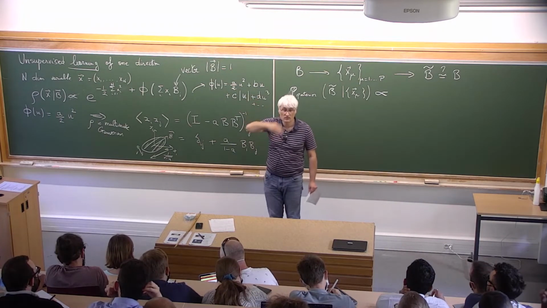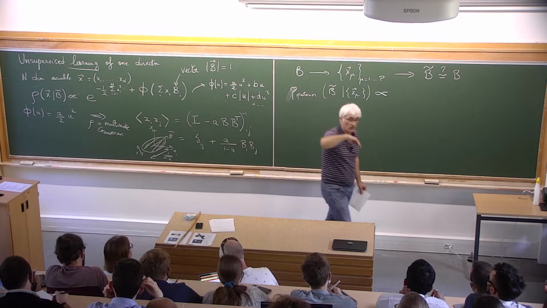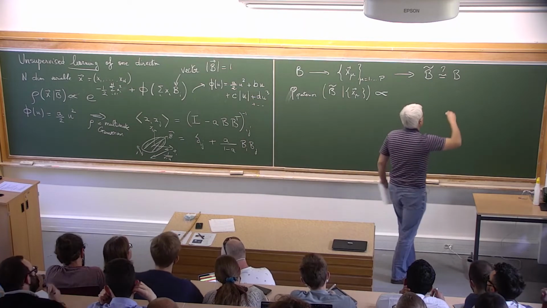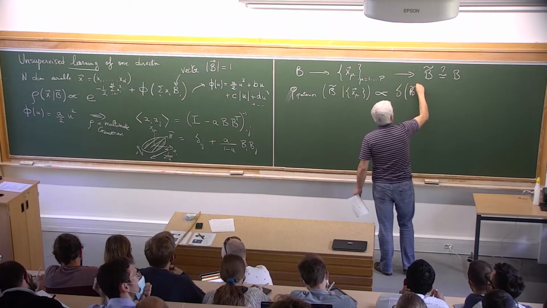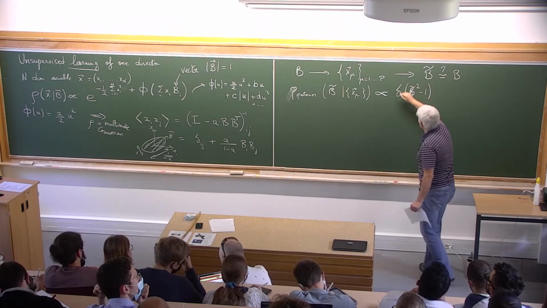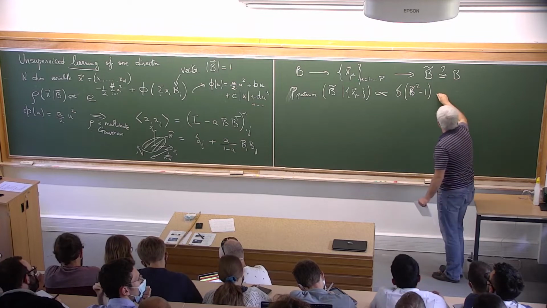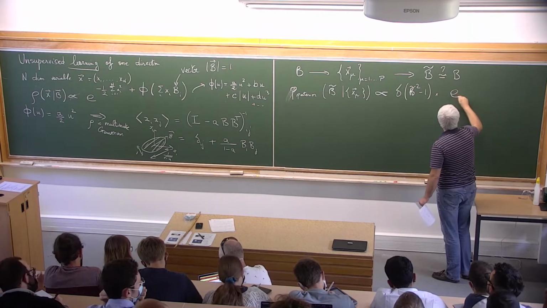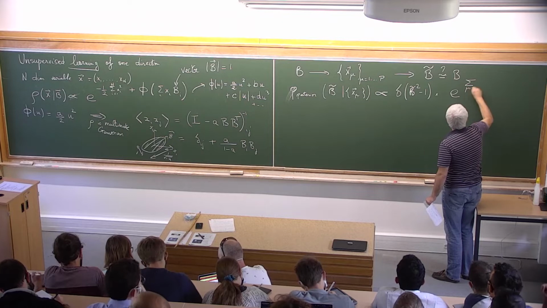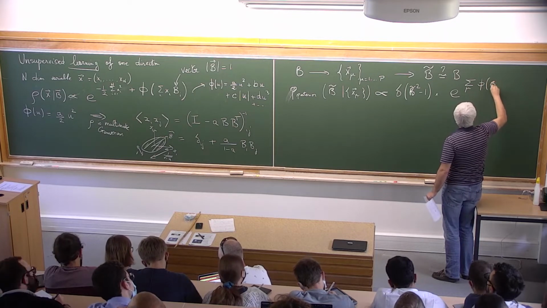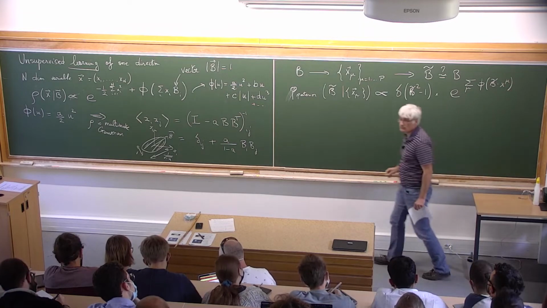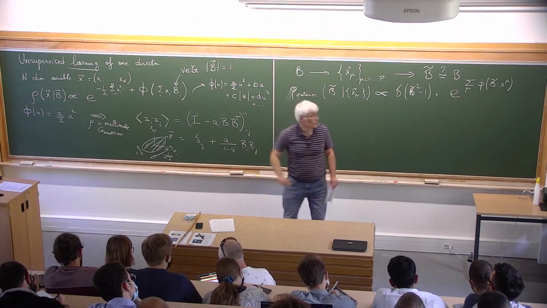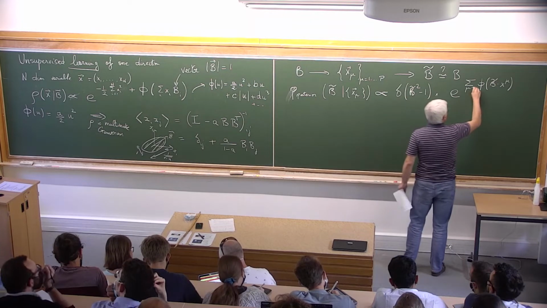So B tilde is on the n-dimensional hypersphere of radius 1. So I will have delta of B tilde squared minus 1. And then I have the likelihood here, which is just the exponential of the sum over mu of phi of B tilde dot x mu. And mu is going from 1 to P if I've got P samples.